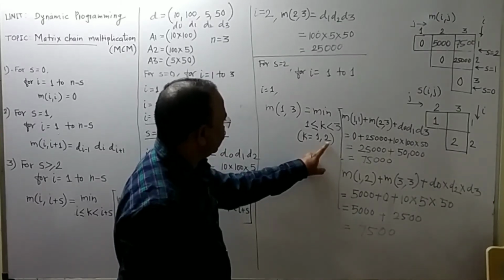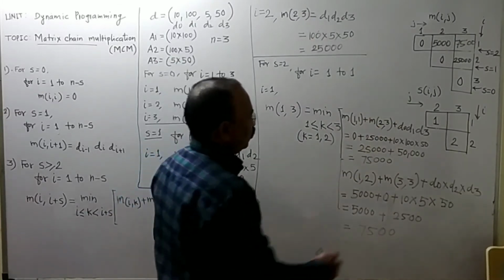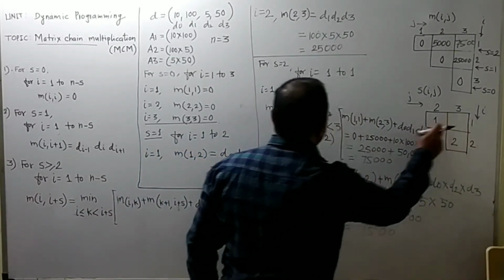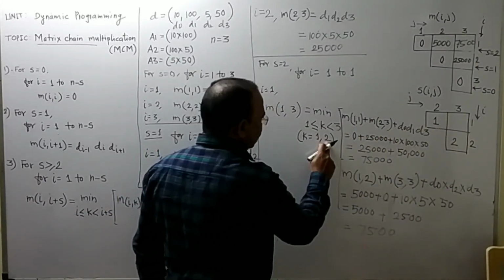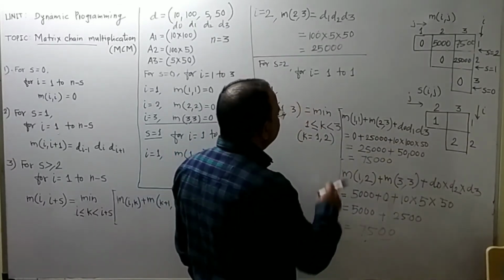Put k is equal to 2 at the 1 3 place in the S table. So the 1 3 place is this one and the value will be 2, because at k is equal to 2 we have got the minimum value.